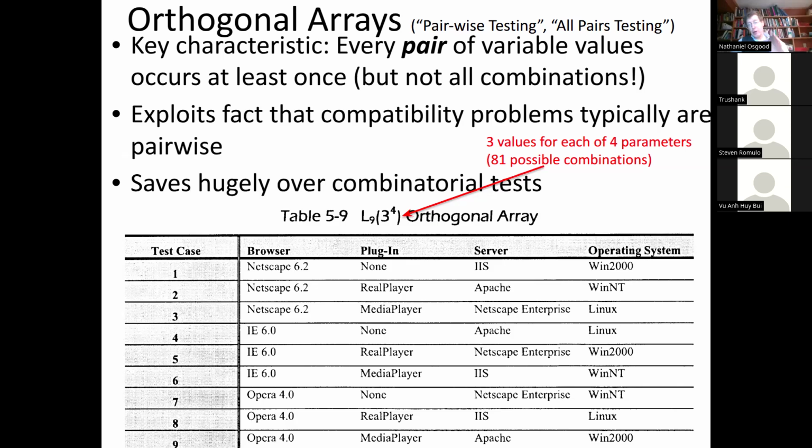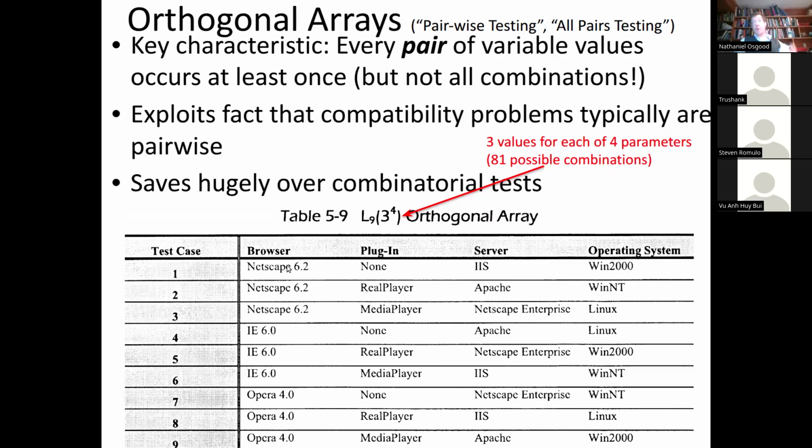So what orthogonal arrays zero in on is this: if we don't have time to examine all possible combinations, let's focus on the issue that's most likely to be a problem.